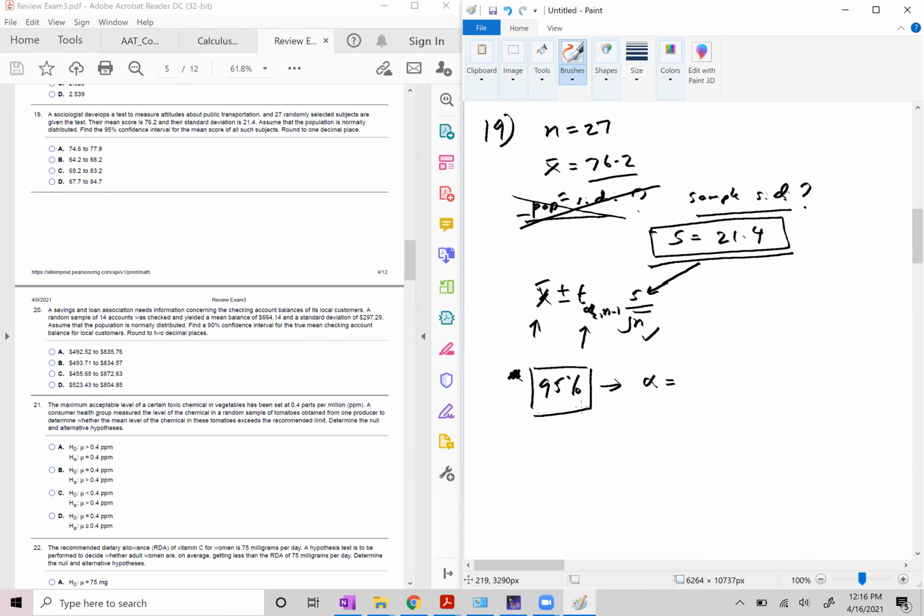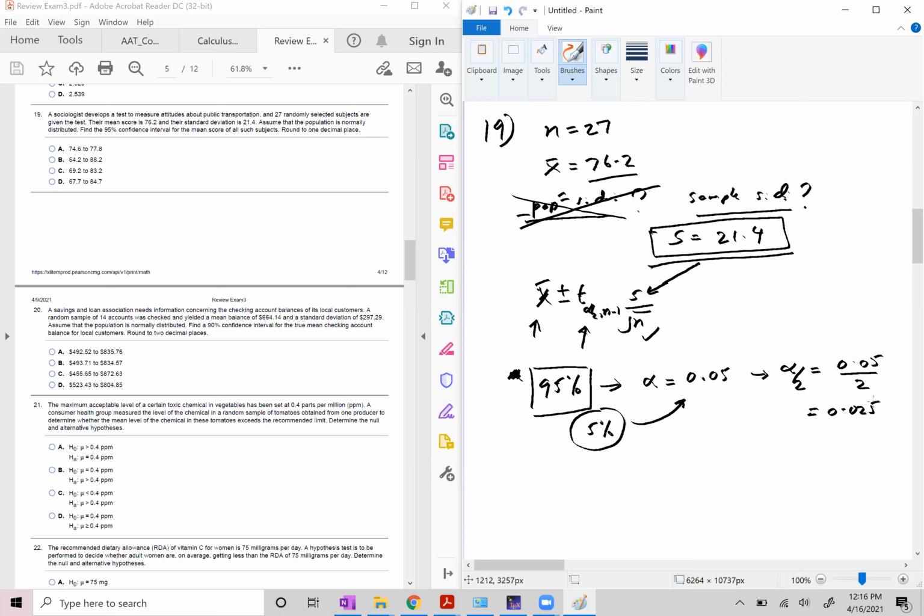Now, this 5% written as a decimal, you divide it by 100, is 0.05. So alpha is 0.05, but what do we need here? Alpha over 2. So alpha over 2 is 0.05 divided by 2, which is 0.025.